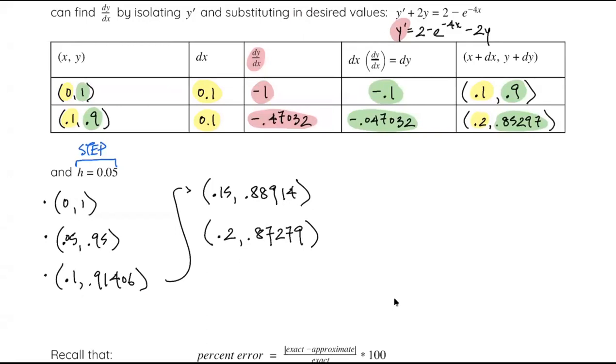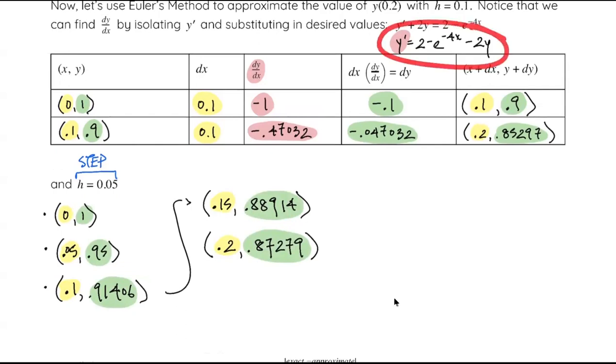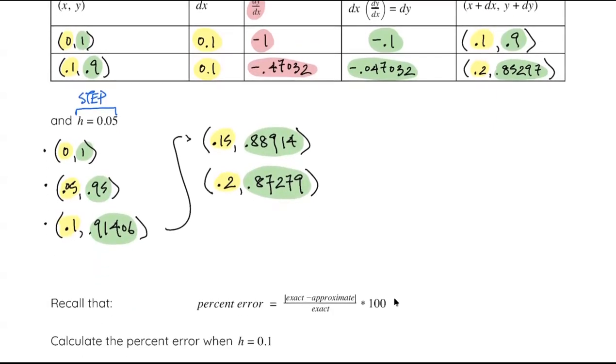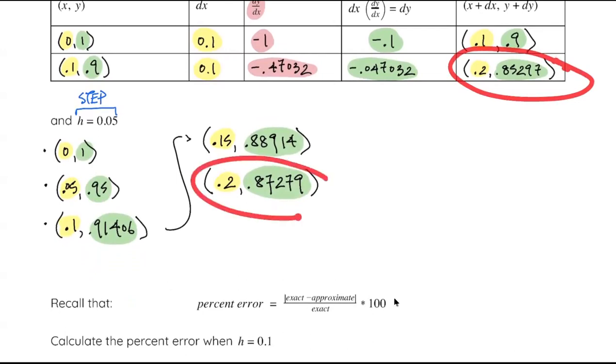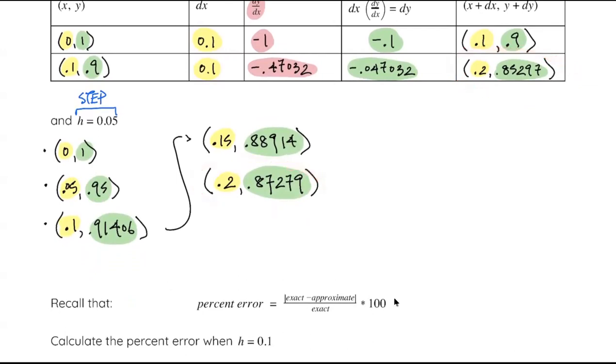And so each one of these pairs, this is the x value, and these are the y values that go with them if we plug each point into this y prime, okay? And so what we are interested in is the 0.2 x value. So we've got this one and this one. Okay, so we're going to finish this lesson by comparing that to the exact answer.